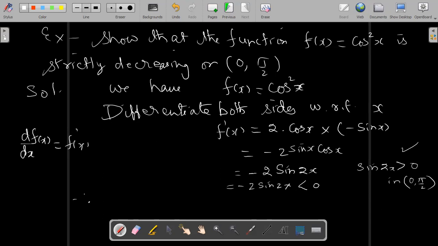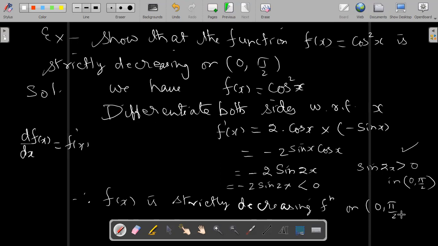Therefore, f(x) is a strictly decreasing function on the interval 0 to pi by 2.